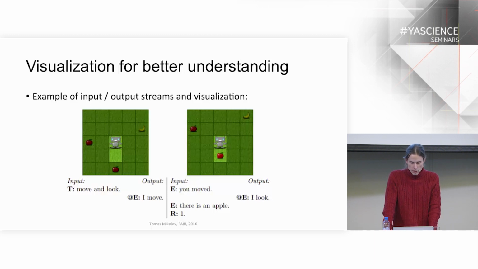It says I move, then the environment performs the command for the learner. It moves forward. The environment confirms that the learner successfully moved by saying it. Then there's a follow-up conversation. The learner says I look, and then it receives the reward because it accomplished the task specified by the teacher correctly.